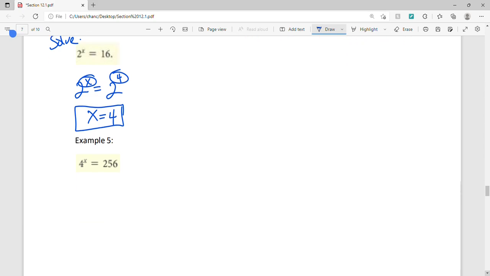In example 5, we'll try the same strategy. 4 raised to the x is equal to 4 raised to what power? Well, I want to get 256. If you check with a calculator by trial and error, 4 squared is 16, that's too small. 4 cubed is 64, that's still too small.